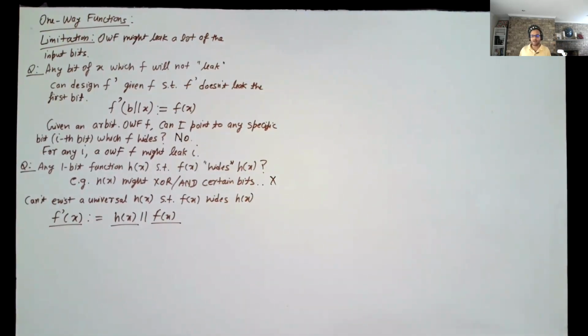Because giving a single additional bit of information is not going to help the adversary that much. If the probability of guessing x was negligible earlier, even given h of x, the probability of guessing x is still going to be negligible.